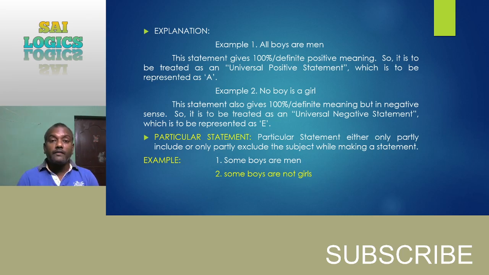How many boys? All boys. That means it is giving 100% information, and 100% is nothing but definite. So this statement starting with all gives 100% information in a positive way.